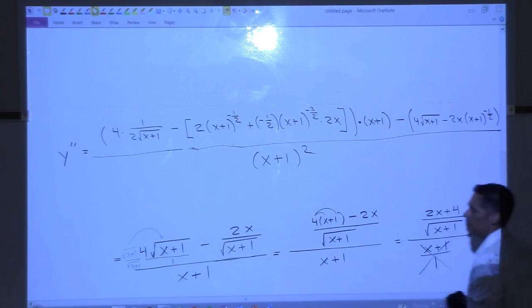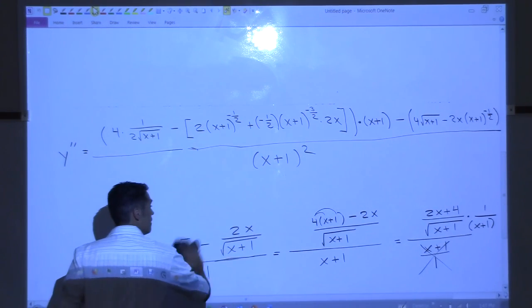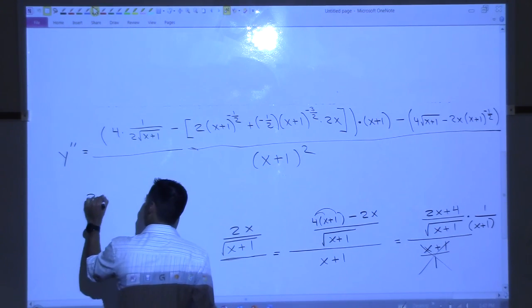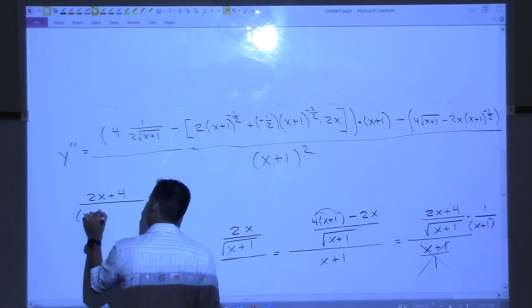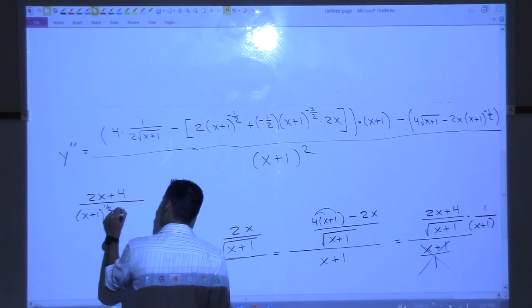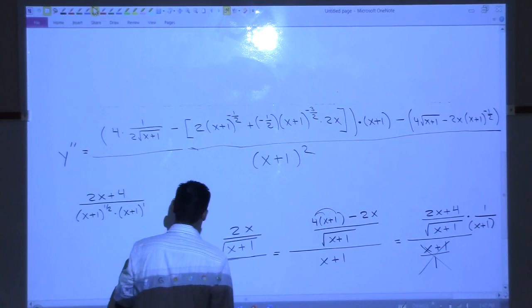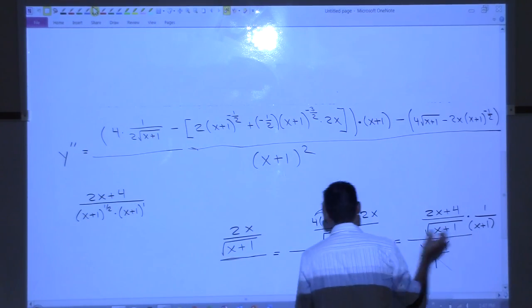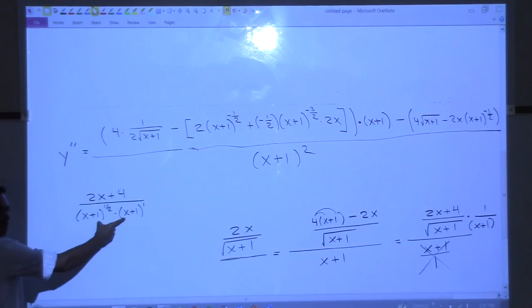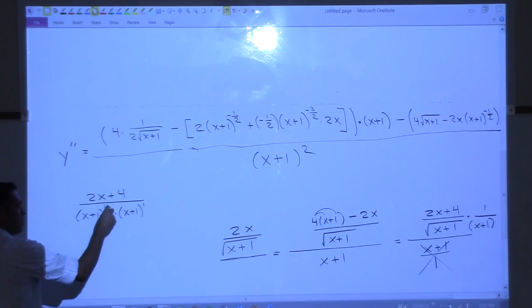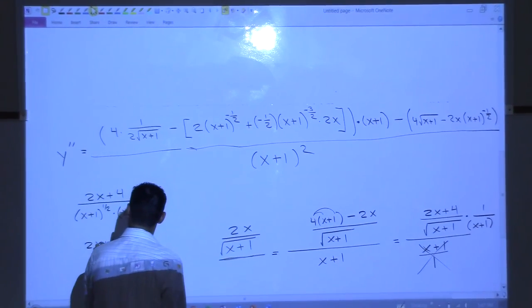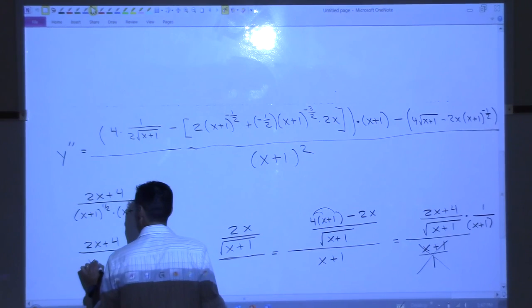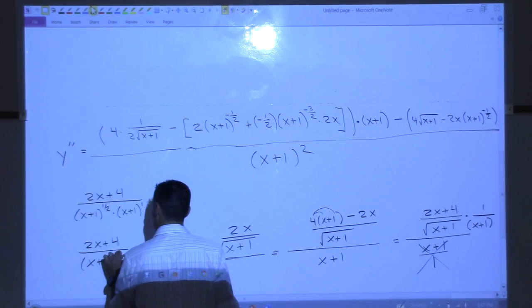What we're saying here is we have 2x plus 4 on top. Then on the bottom we have x plus 1 to the half, that's the square root, times x plus 1 to the 1. So these two are really this. And if you have the same base with different exponents, multiplying, you just add up the exponents. So that should be 3 halves. So we get 2x plus 4 over x plus 1 to the 3 halves.